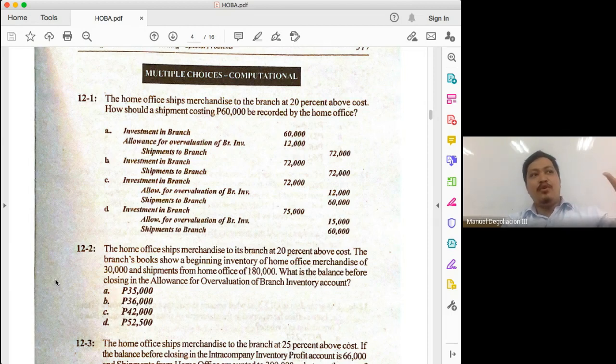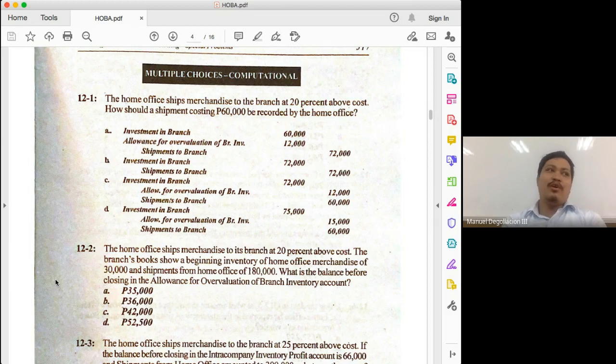Because again, if you overstate the goods that you are shipping to the branch, remember that that amount will be considered by the branch as its cost, and that will be the amount that will form part of its cost of goods sold. And if your cost of goods sold is big, then you can expect your gross profit to be small. So if your cost of goods sold is overstated, then in the eyes of the home office, the net income of the branch would be understated.